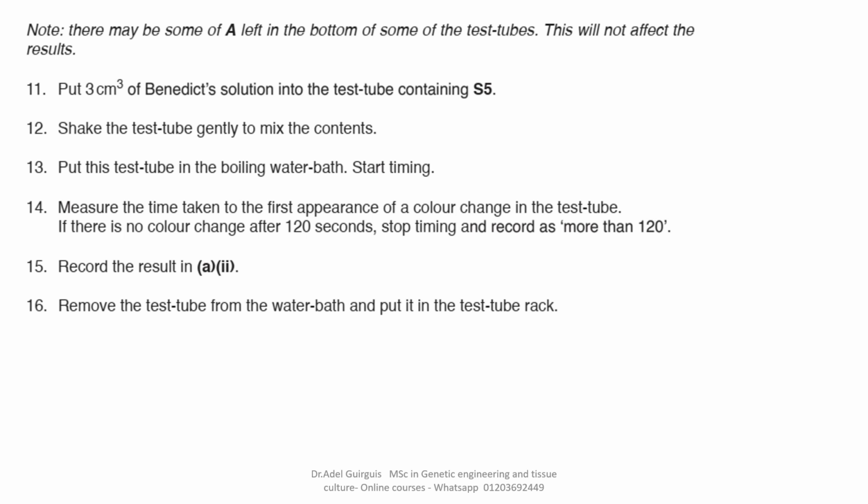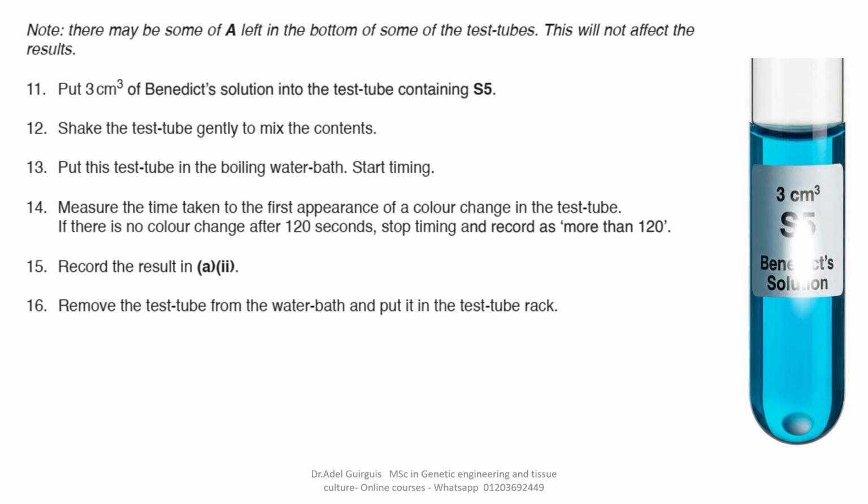Then we put 3 cubic centimeters of Benedict solution into the test tube containing S5. After neutralization and cooling, we add 3 cubic centimeters of Benedict solution to S5.